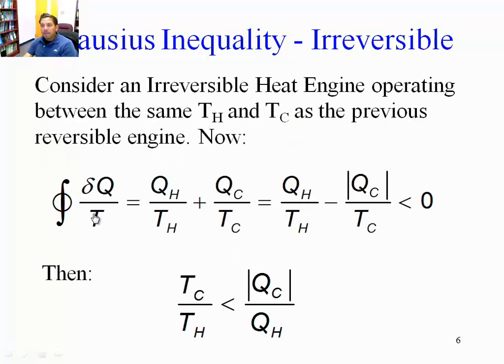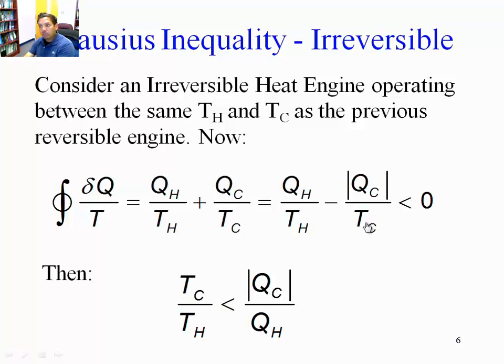If any of the processes within a Carnot engine were irreversible, or there would be irreversibilities within any of the processes, this ratio, TC over TH, will actually be less than QC over QH. And that comes directly out of the Clausius inequality, because for an irreversible cycle, the integral over the cycle of dq over t is less than 0.